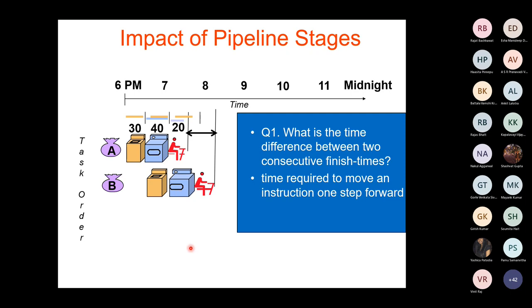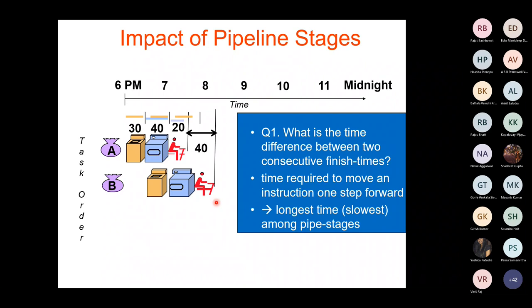So the time required to move an instruction 1 step forward is nothing but the longest time needed to perform a particular stage. And that's why it is 40. So it is the slowest stage which determines this time difference between consecutive finish times. And this determines how the different instructions are getting finished one after another.